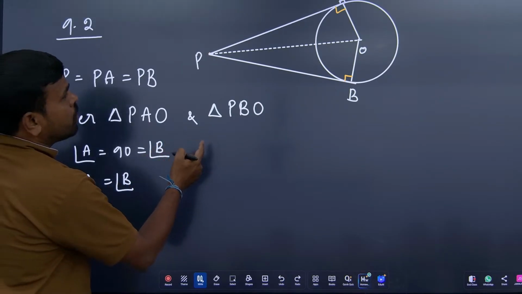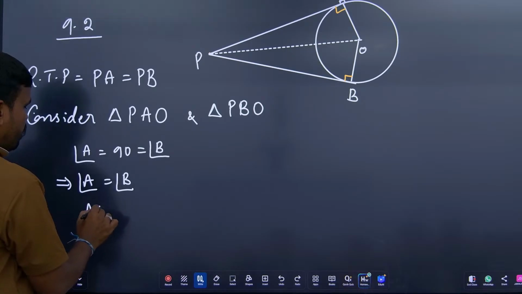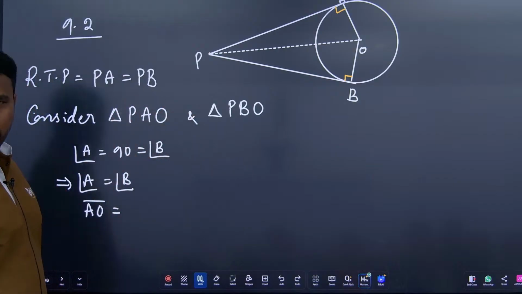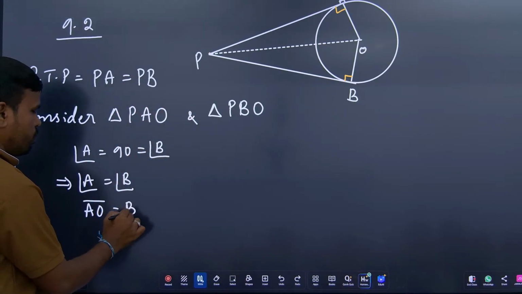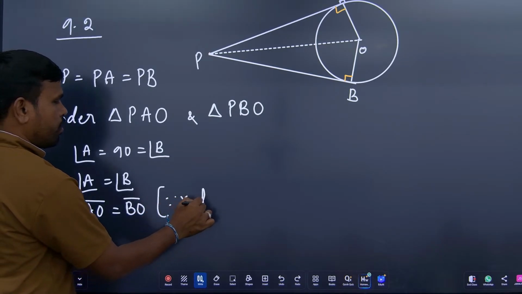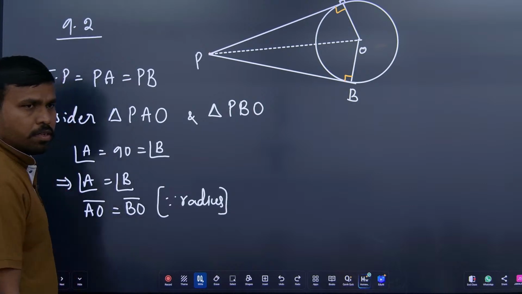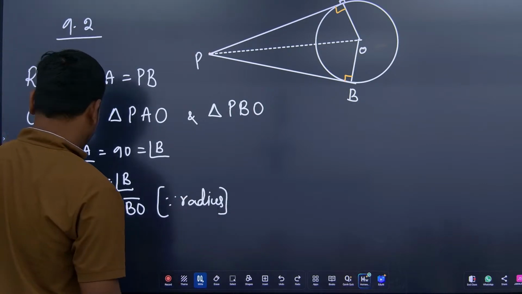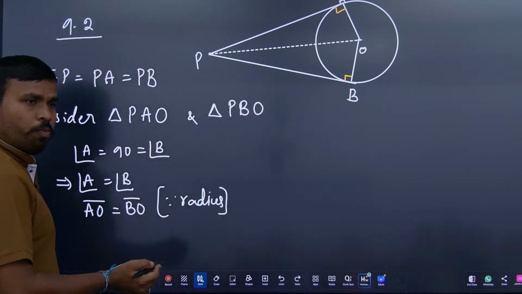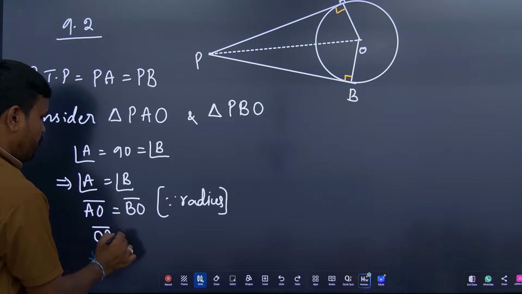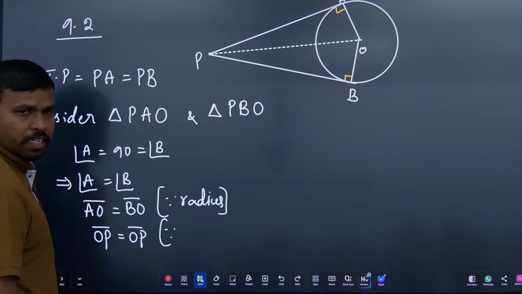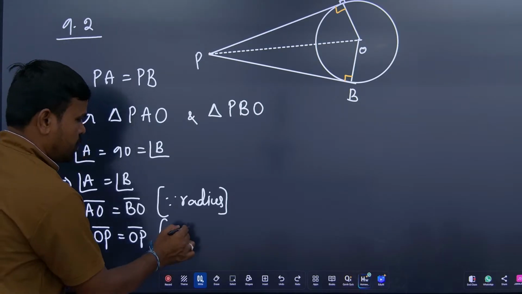Next, AO is equal to BO, or OA equals OB, since radii are equal. Next, OP is equal to OP. What is this? Common side.